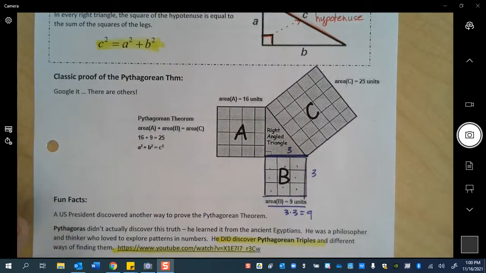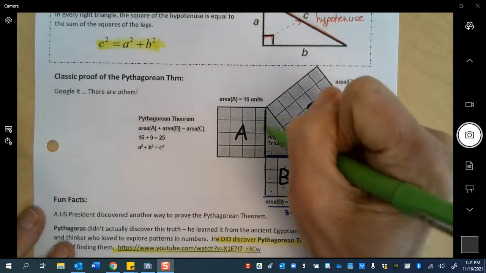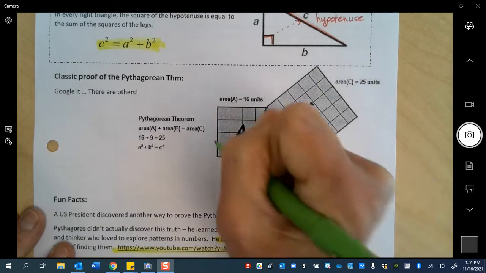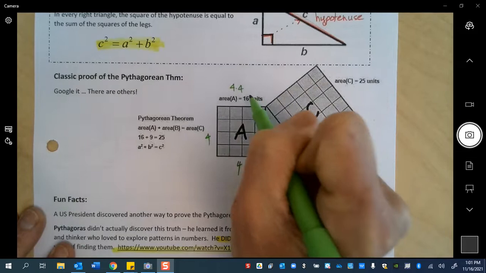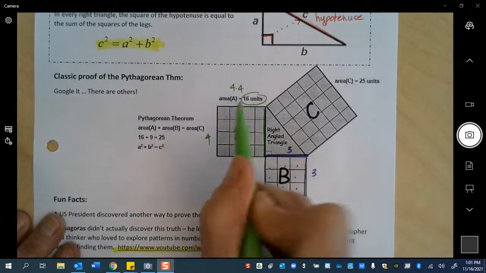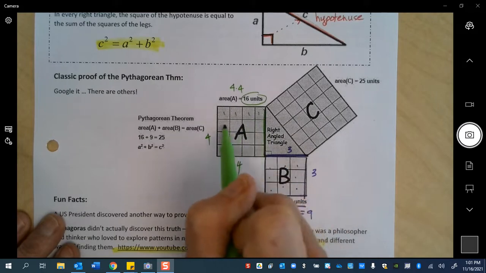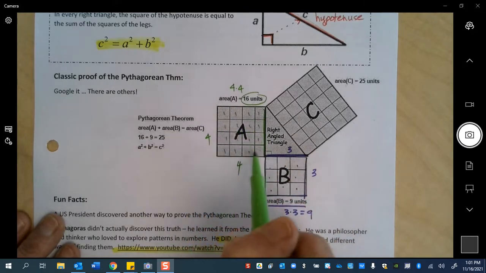If I were to take another side of the triangle, here I have a side length of 4. It is a 4 by 4 square. Then 4 times 4 gives me an area of 16 units. And I can count them, 1 through 16.